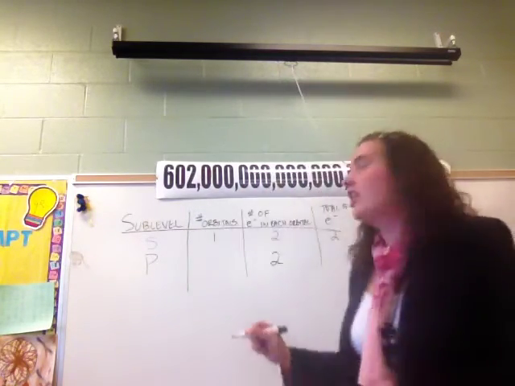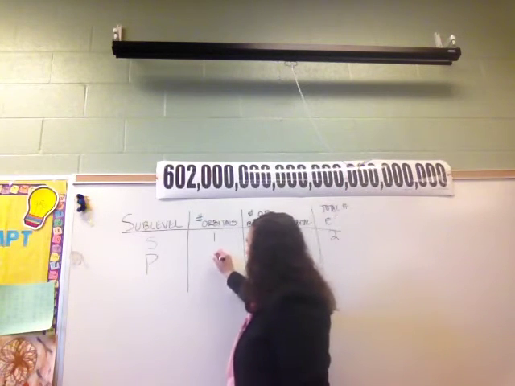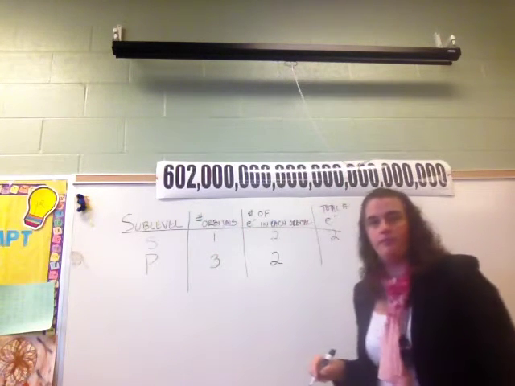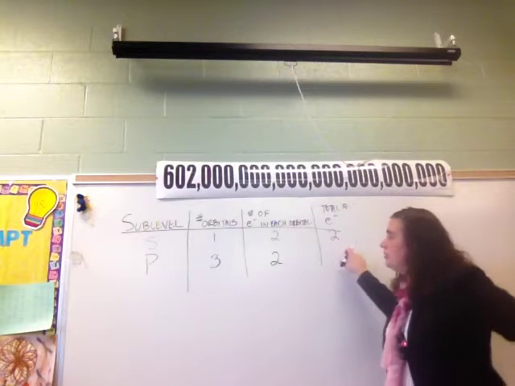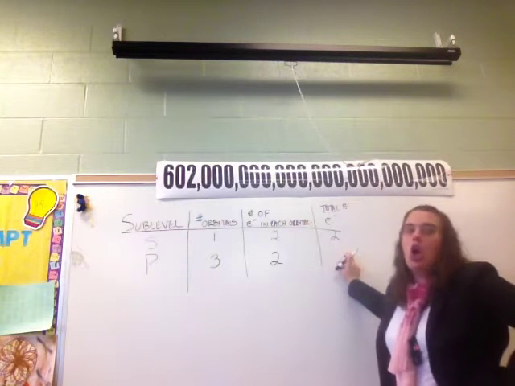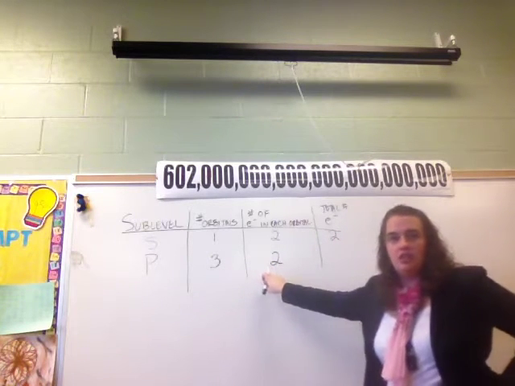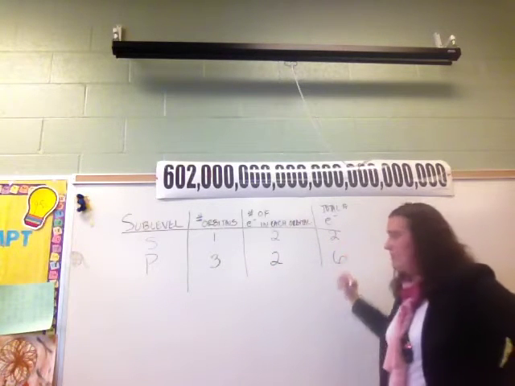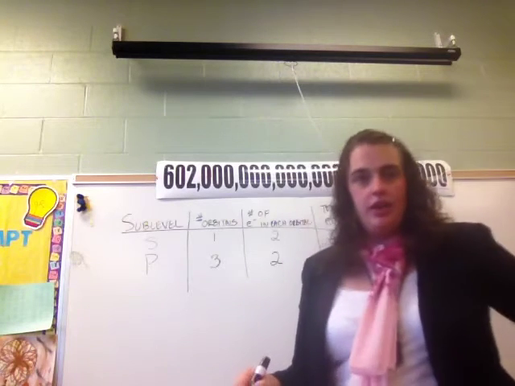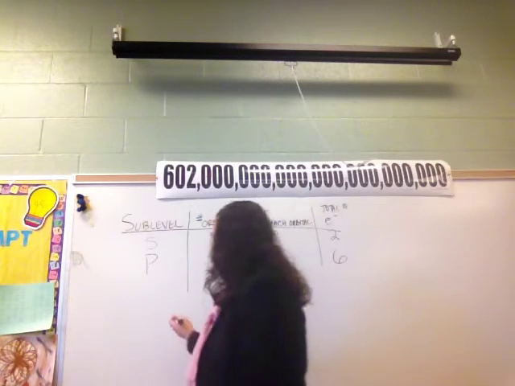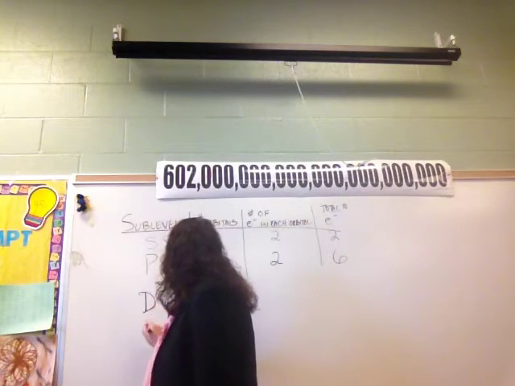So I can have 3 different types of P orbitals. What is the total number of electrons that I can fit in all my P orbitals? I just take 3 times 2, and that's 6. Now I'm going to go down to my D and my F.